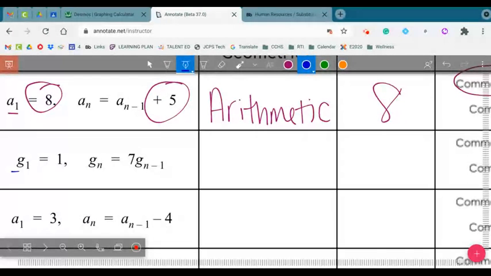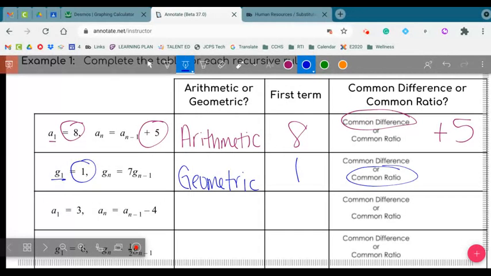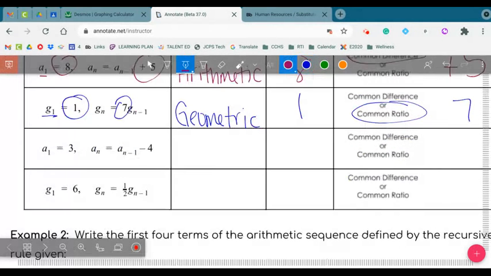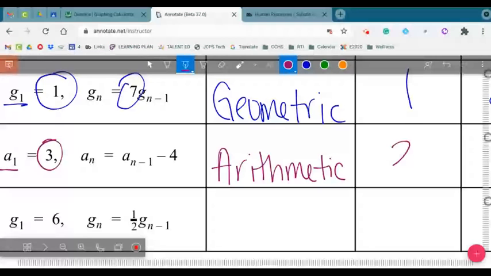Next one, we see that it's a G. So it's geometric. Our first term is the one that's listed, which is 1. Geometric, you have a common ratio. This ratio is going to be listed before the G, and it is going to be 7. Next one, we have arithmetic, because there's an A. Your 3 is your first term.